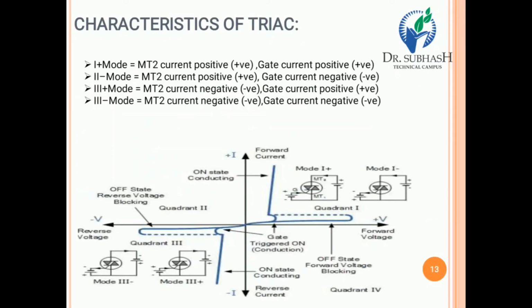Now this is the characteristic of the triac. We have to consider the 4 different modes, right? Mode 1, mode 2, mode 3 and mode 4. In the first quadrant, the MT2 is positive and the gate current is positive also, right?